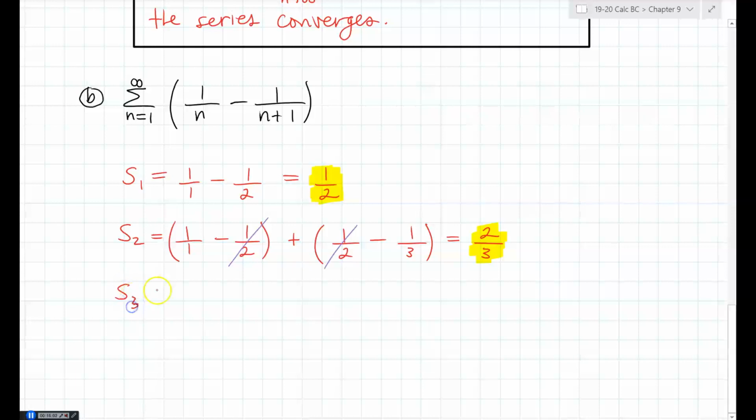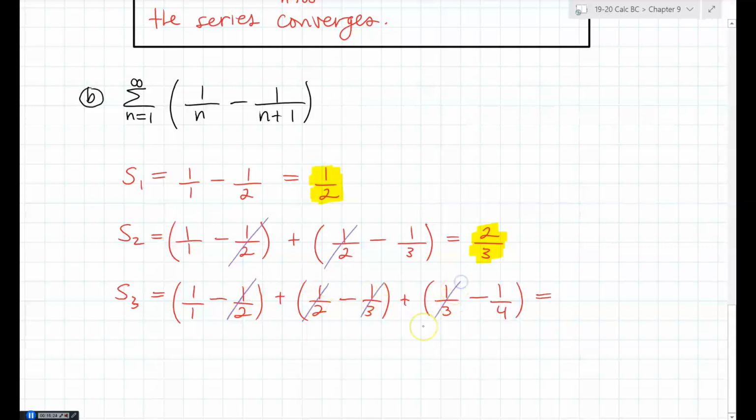S sub 3, that's 1 over 1 minus 1 over 2 plus 1 over 2 minus 1 over 3 plus, now the third term is 1 over 3 minus 1 over 4. Notice how the middle terms cancel out.